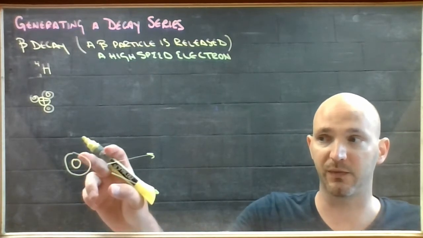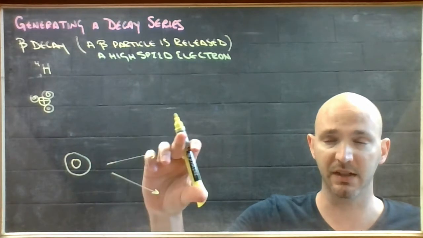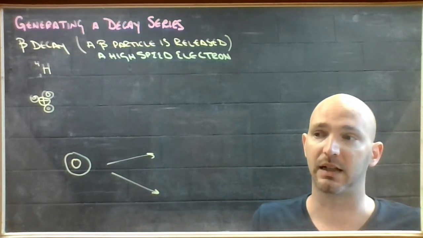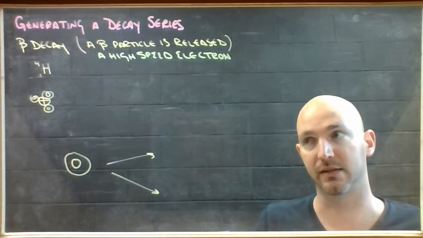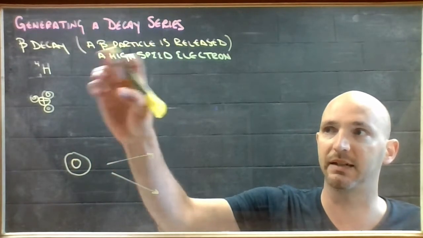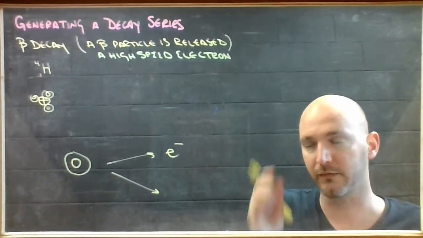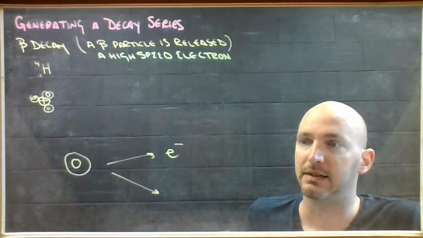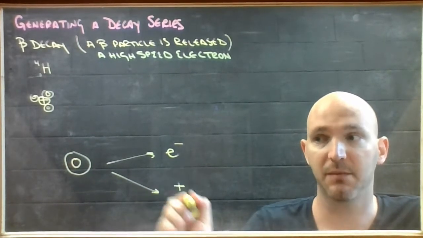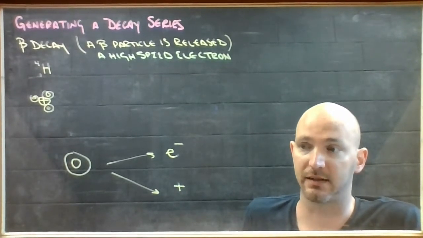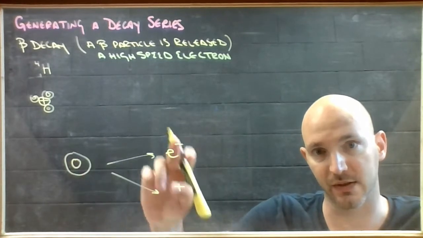The other main feature of a neutron is that it's charge neutral. So if these 2 particles come out of here, then they either have to be charge neutral or they have to be charge balanced. And the idea about beta decay is that one of these things was an electron. So the other thing has to have the same amount of charge as the electron, but in the opposite polarity, so that these 2 things are charge neutral.